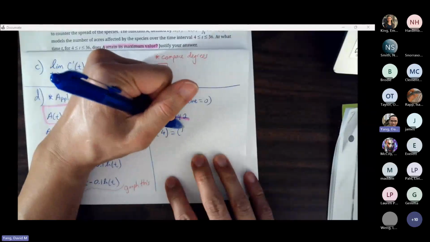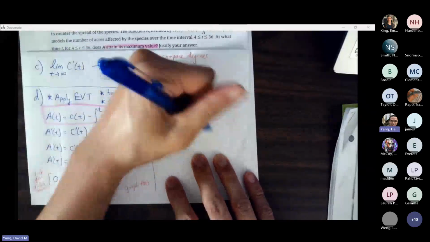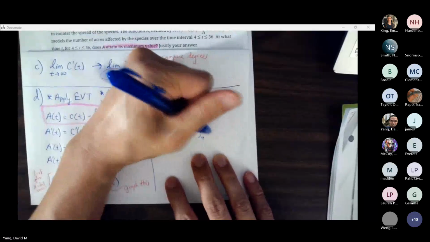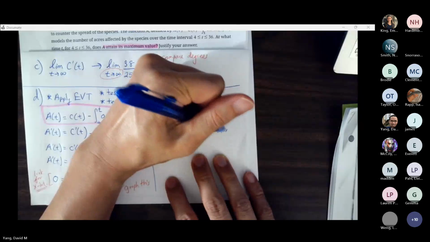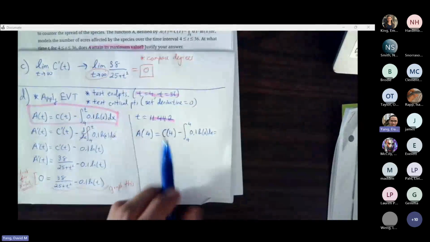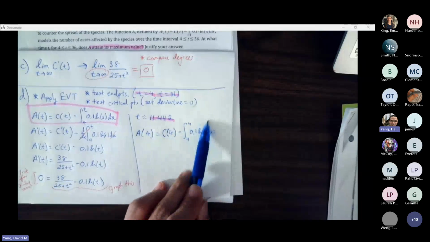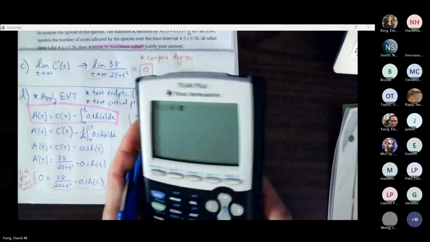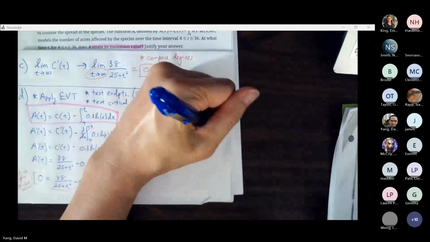So I'll spell out what I want to do here. So C of 4 minus the integral from 4 to 4. The nice thing initially is that the integral from 4 to 4 is just 0. So this won't give me anything. So just C of 4 gives me 5.128.